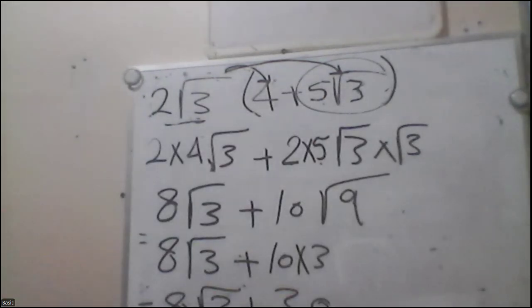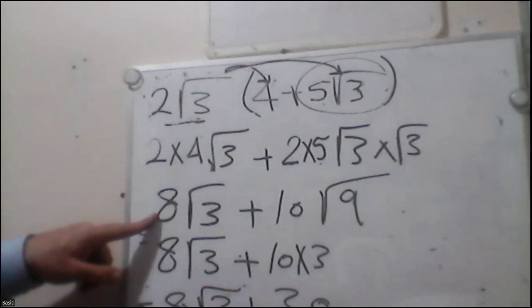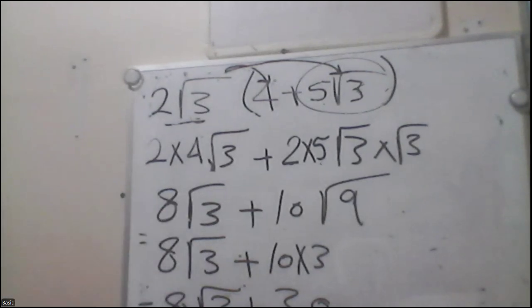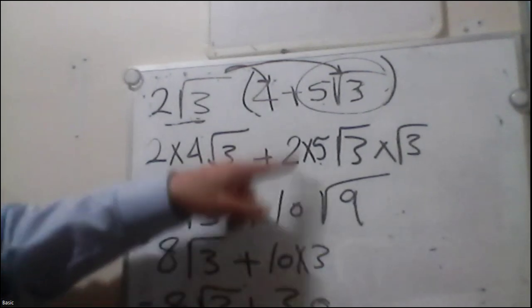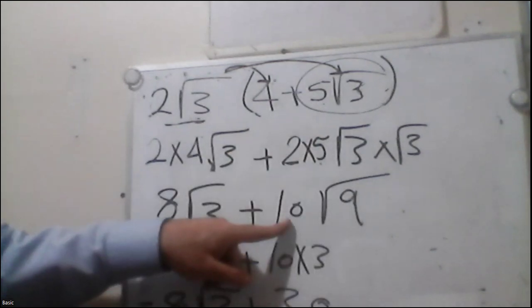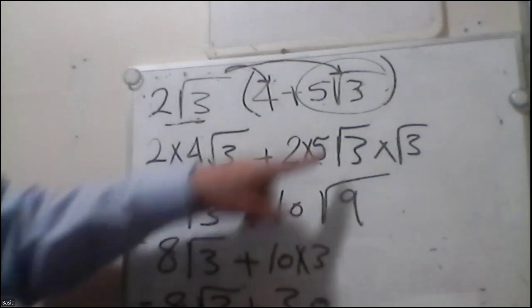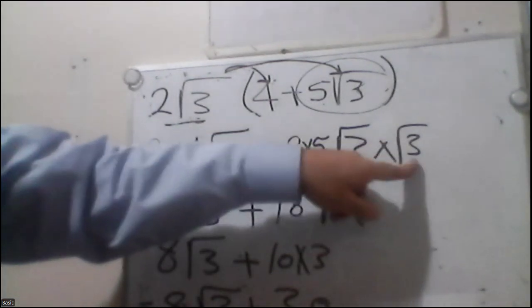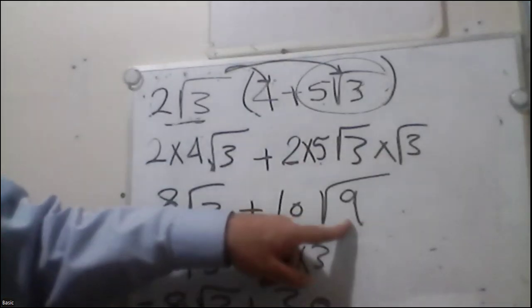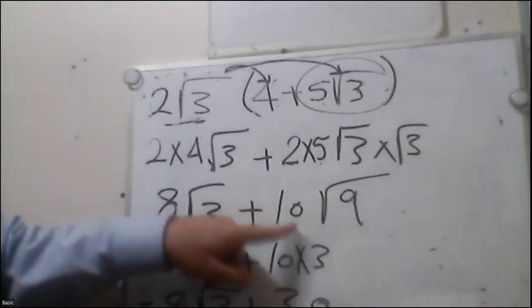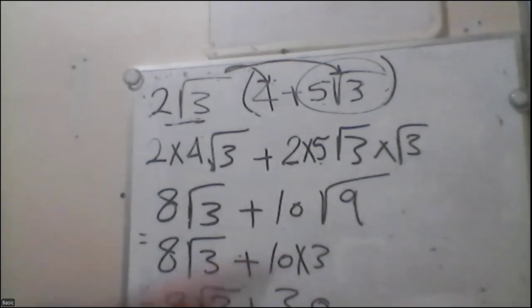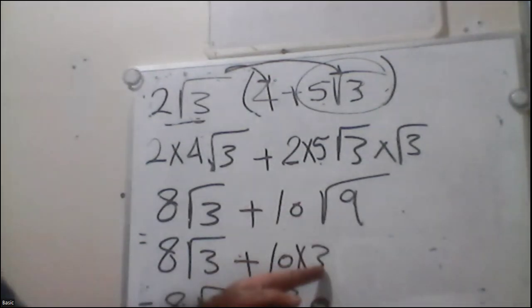So 2 times 4 will give me 8. 8 root 3 plus 2 times 5 will give me 10. 10 what? Root 3 multiplied by root 3 will give me root 9. So 10 root 9. But I know that the root of 9 is 3.